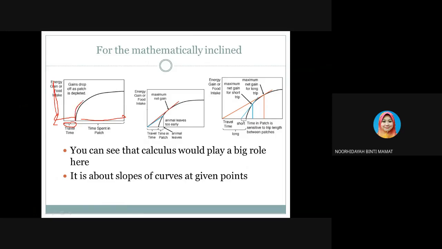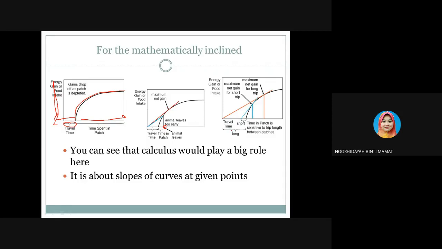The gain drops off as the patch is depleted. So here is the travel time, and this is the time spent in a patch. This is where the animal leaves the patch, and this is the maximum net gain.